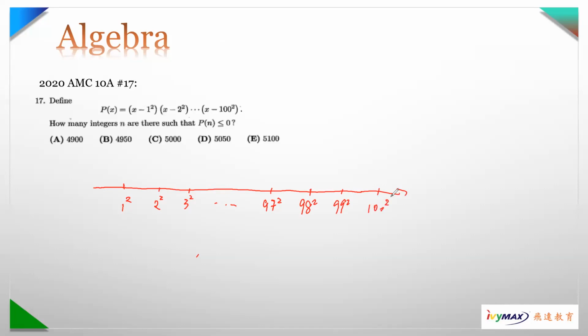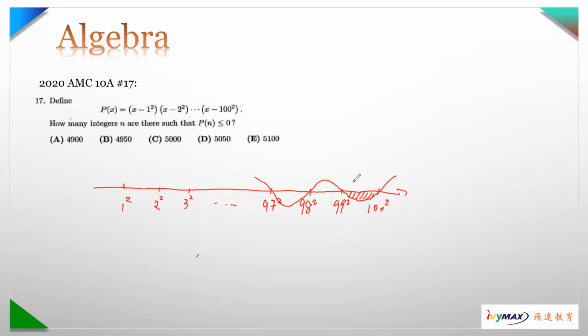Based on the knowledge to solve a polynomial inequality, we can draw the line going through all the roots, like that. All the values underneath represent the values less than or equal to 0, right?